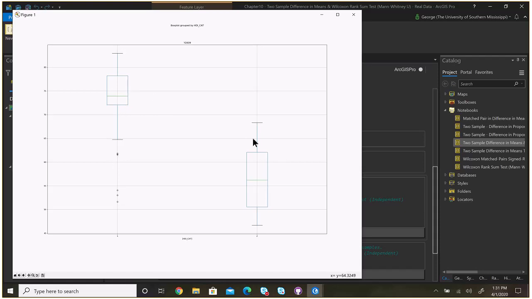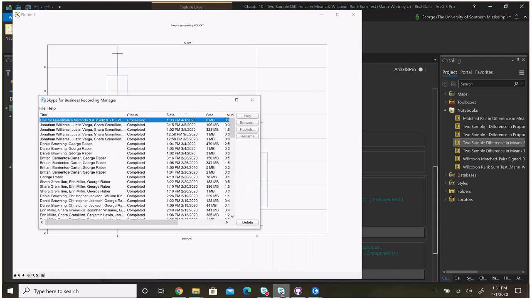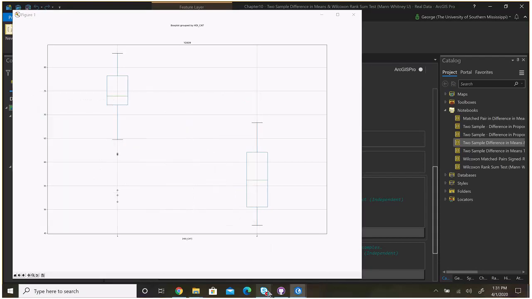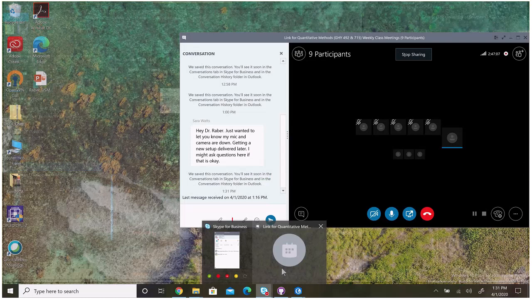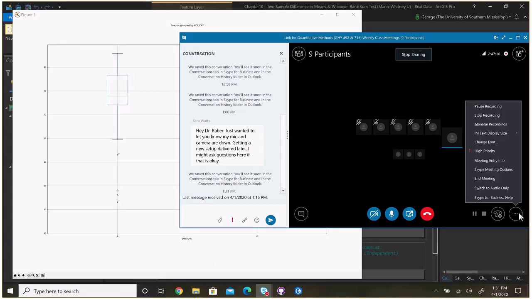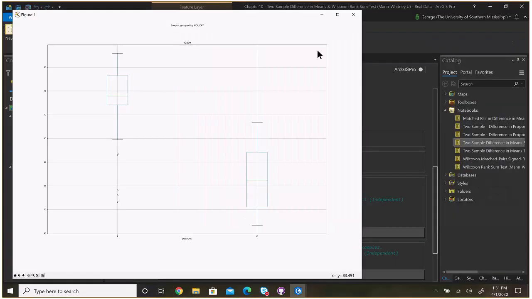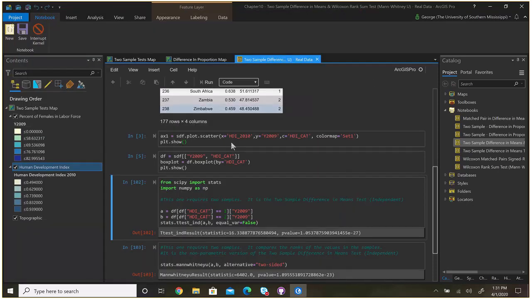Now in the lower developed countries, all the dots were down below. So this makes sense when you compare the two. I'll close that window. Okay, all right, so those are the two ways we could visualize the data.